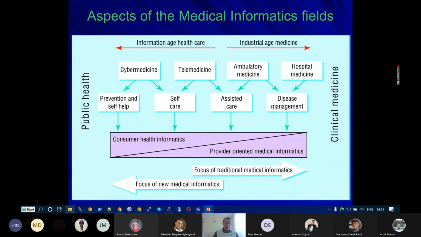So we have focus on consumers and each patient's needs with this approach, and try to fulfill them as quickly as possible.